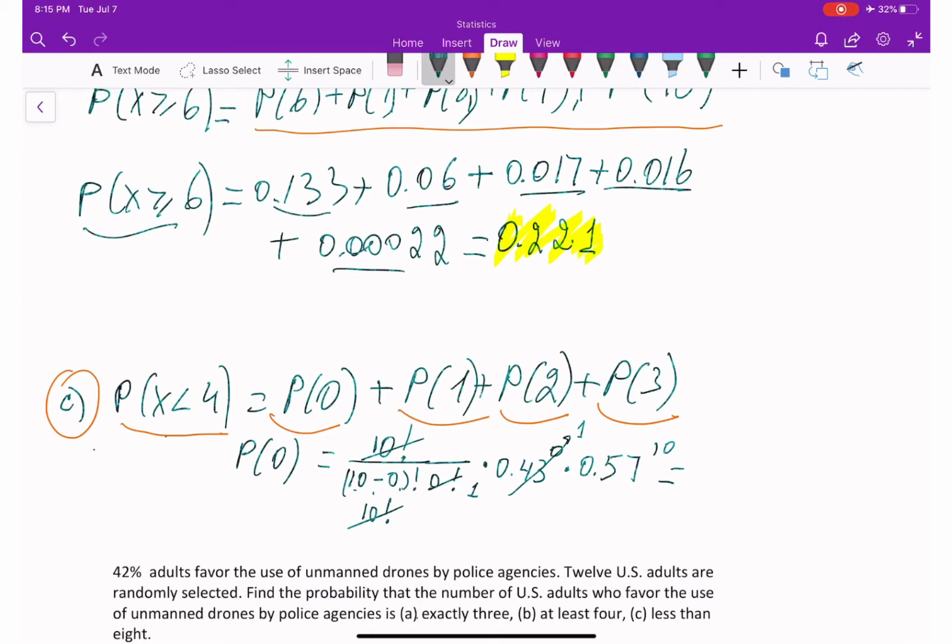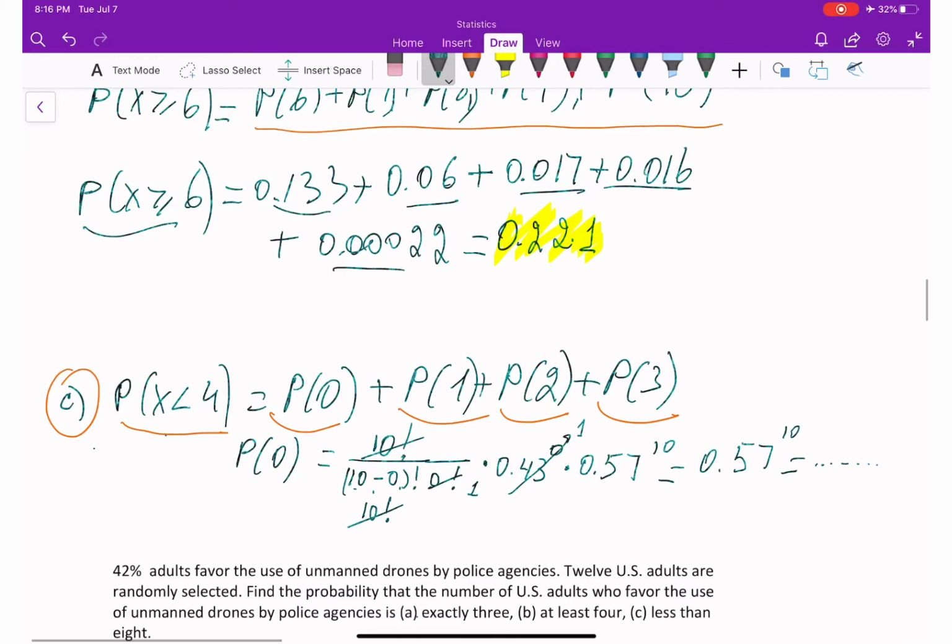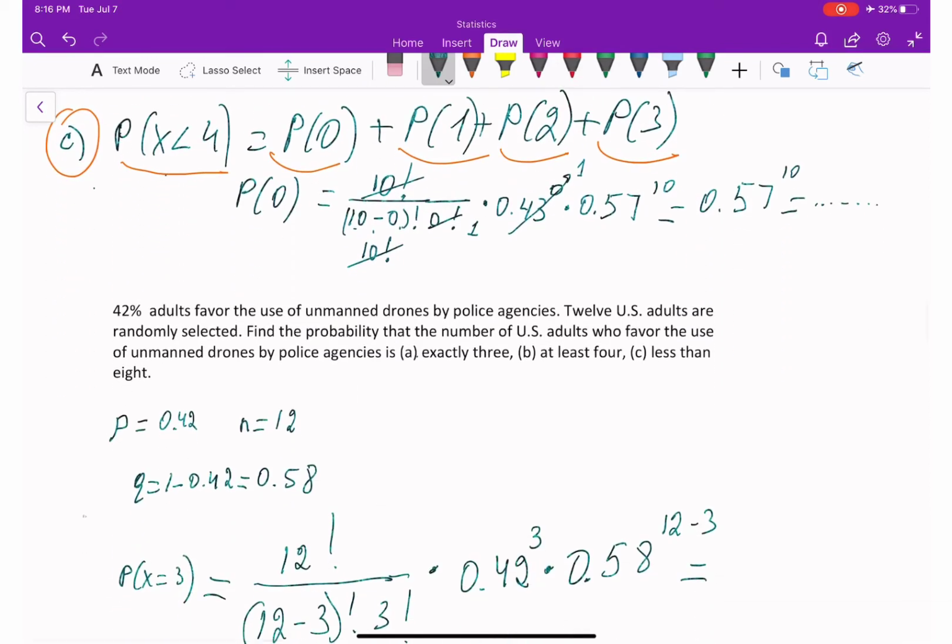So all you have left is 0.57 to power 10. You find it and write the answer down here. And then the same way, instead of 0 everywhere you plug in 1, and then 2 and 3, and then add them up. Okay? Next question.